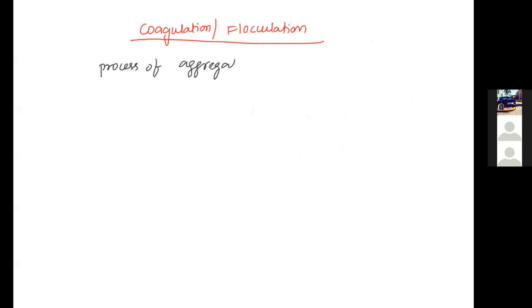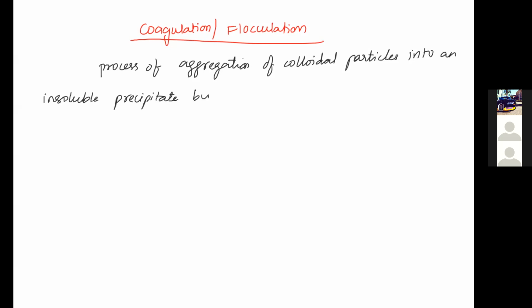You might get this definition in your CBSE exam also: the process of aggregation of colloidal particles into an insoluble precipitate by addition of some suitable electrolyte. You have to add something suitable, randomly they won't coagulate.